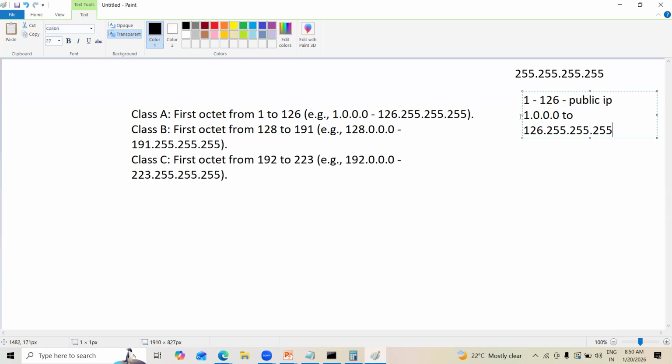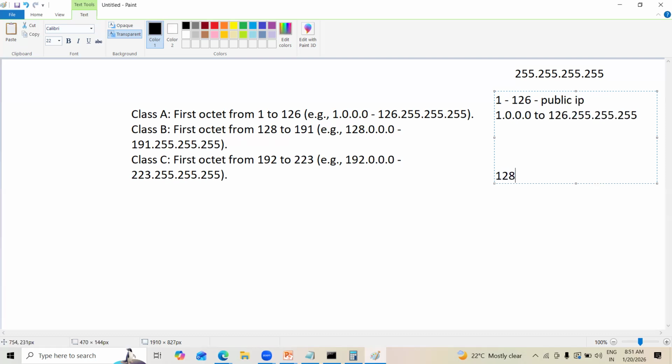If you go to the second one, class B, it starts from 128.0.0.0 to 191.